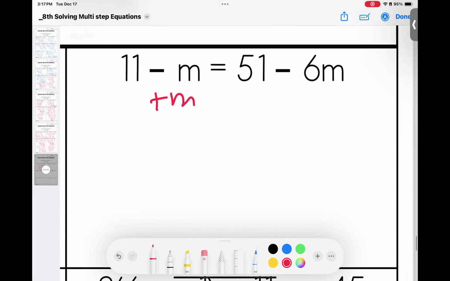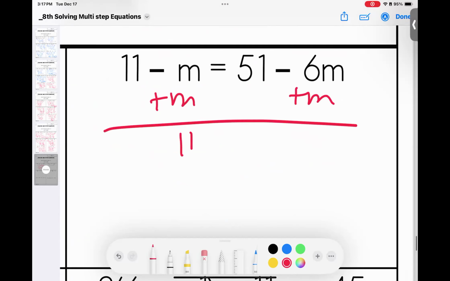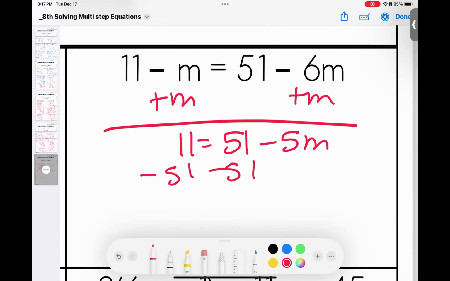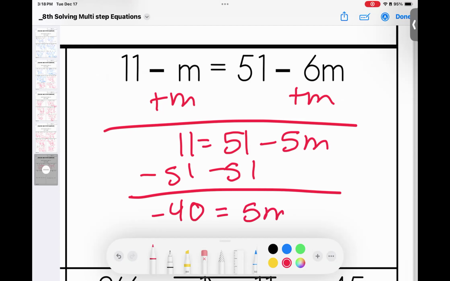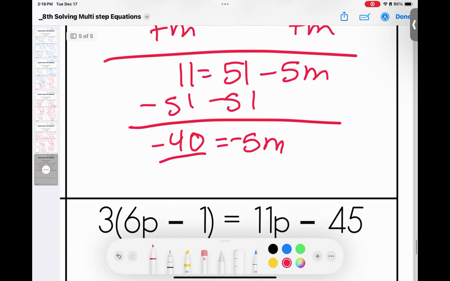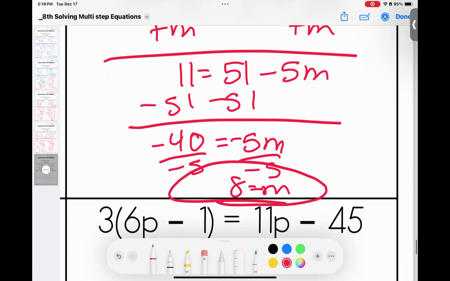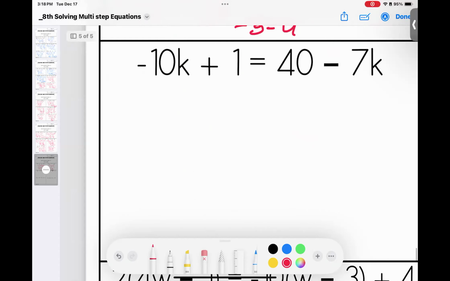Let's just move the little guy. 11 is equal to 51 minus 5m minus 51. And then dividing both sides by negative 5, 8 is equal to m.